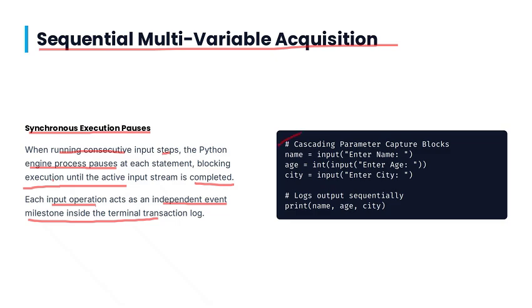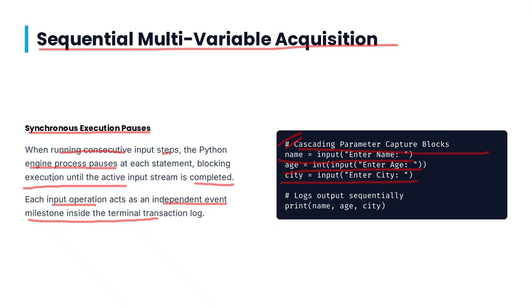Cascading parameter capture blocks. name = input("Enter name"), age = int(input("Enter age")), city = input("Enter city"). When we have to assign a string with an input statement, we don't have to specify the data type, but when we are dealing with integer or float data types, we have to mention whether it is integer or float.